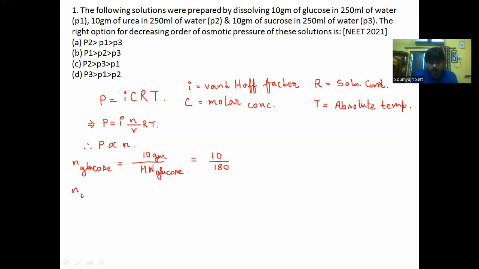Now, number of moles of urea, that is 10 by molecular weight of urea, that is 10 by 60.